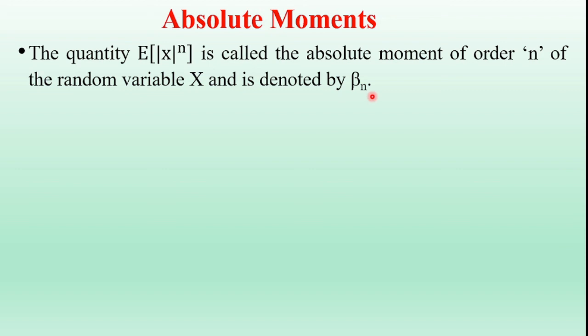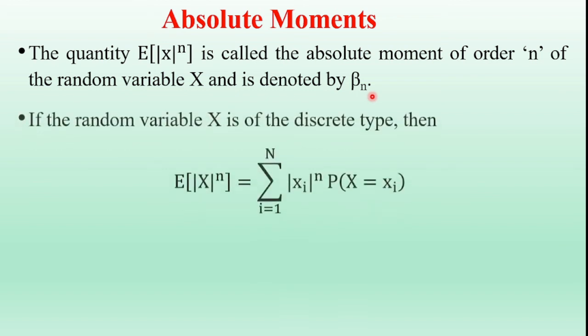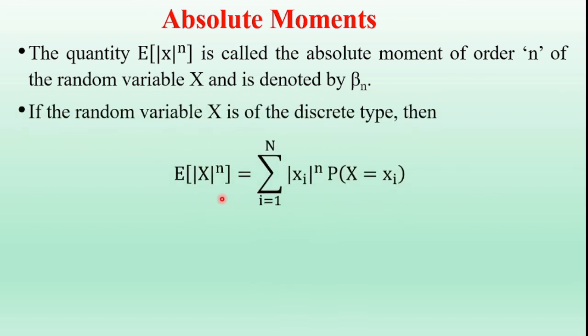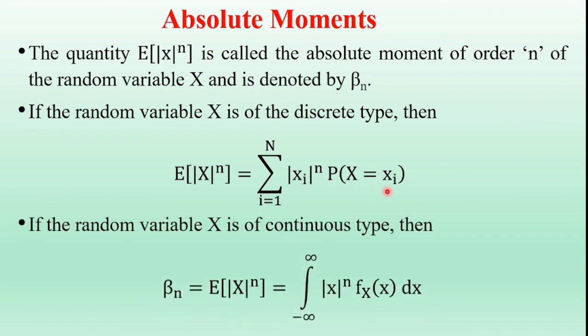Similarly, here also for the discrete case, the absolute moment of the random variable is given by expectation of magnitude of X power n is equal to sigma i equal to 1 to capital N, magnitude of xi power n into probability of xi. For the continuous case, the absolute moment is given by expectation of magnitude of X power n is equal to integral from minus infinity to infinity magnitude of x power n into fX of x dx. So this is one more moment, that is, absolute moments of a random variable.